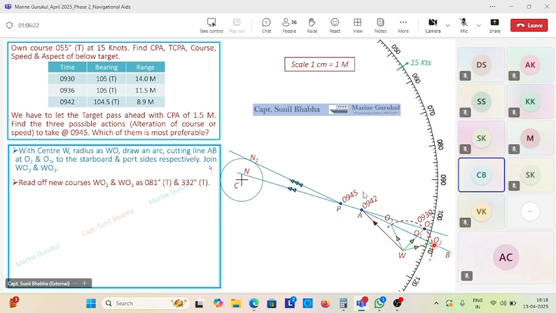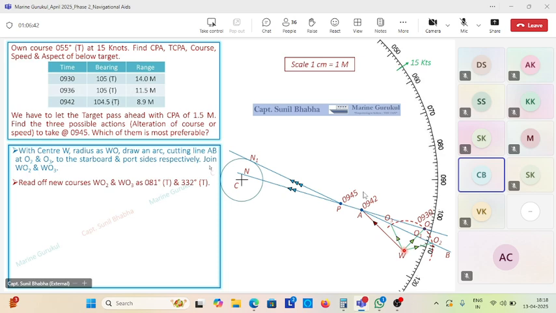So we now read off the course WO2, and this gives us our new course to steer. Now this is the second option. The third option which is available to us is to alter our course to WO3.